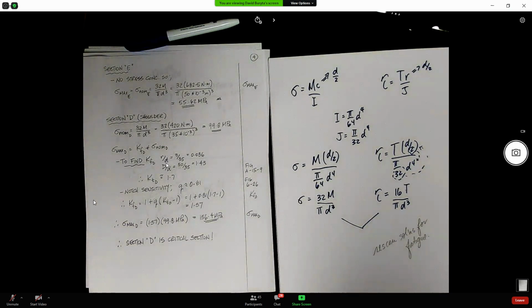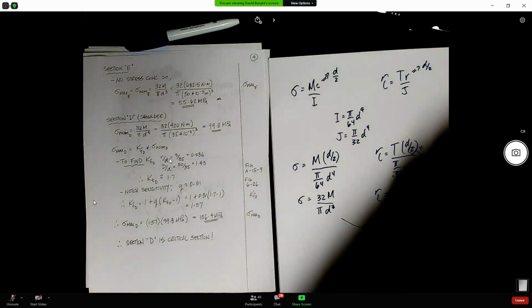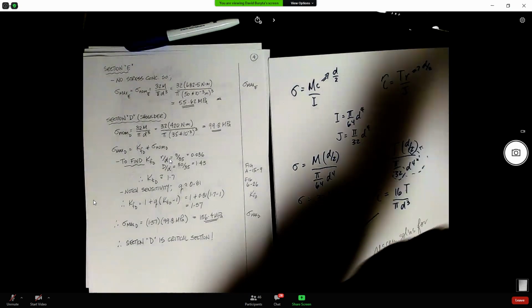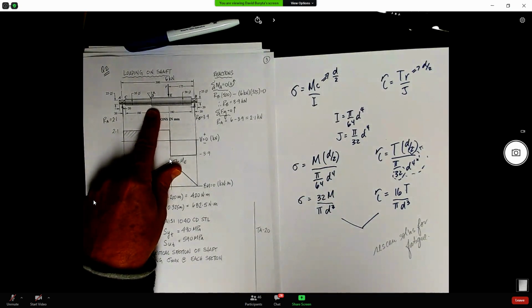I have to find my R over D, D over D, and then I find my stress here. So what I find out is the shoulder at D is actually the critical point.